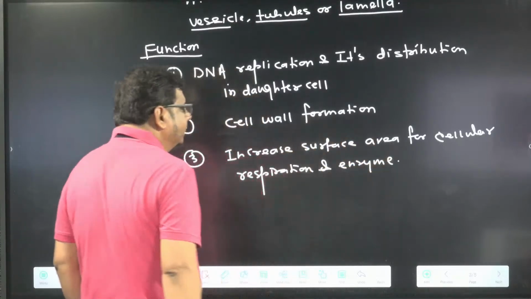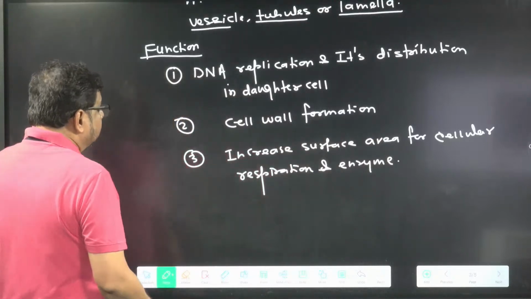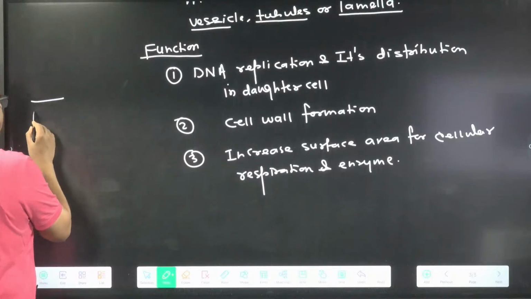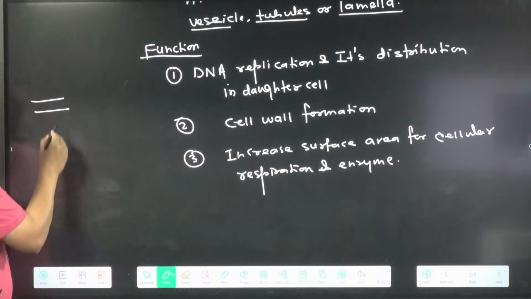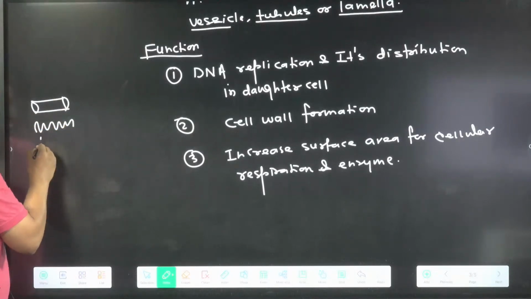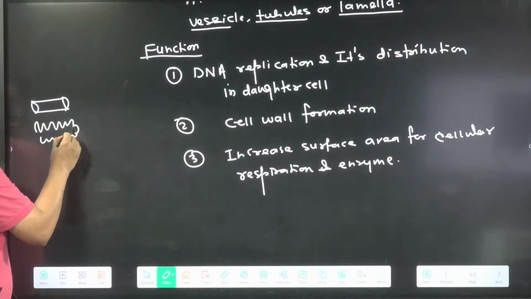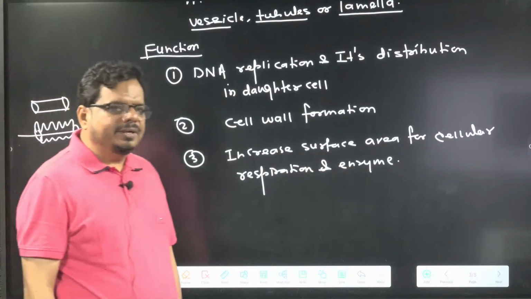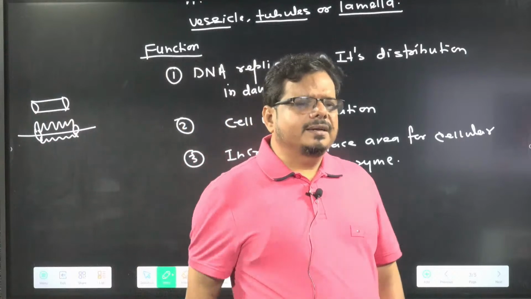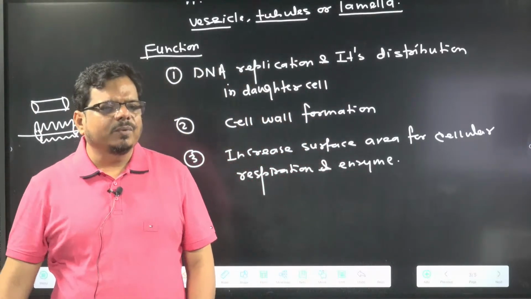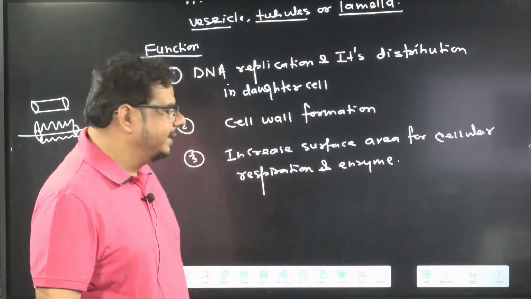Got the idea? Any enfolded structure, there is a thumb rule. I am making a pipe like this and a pipe like this. Both have the same length, but which pipe has more surface area? The enfolded one. So any enfolded structure has more surface area.